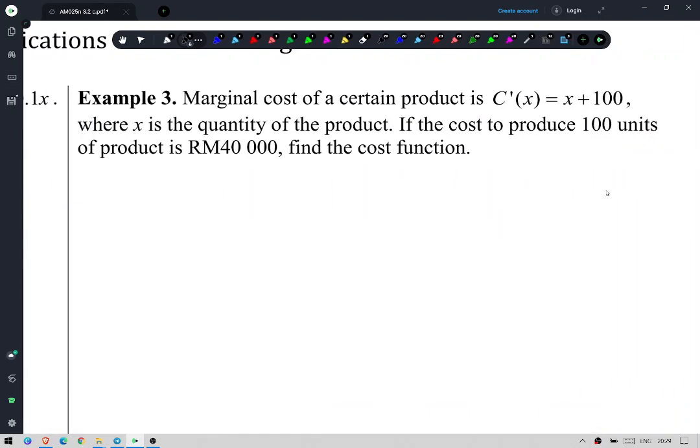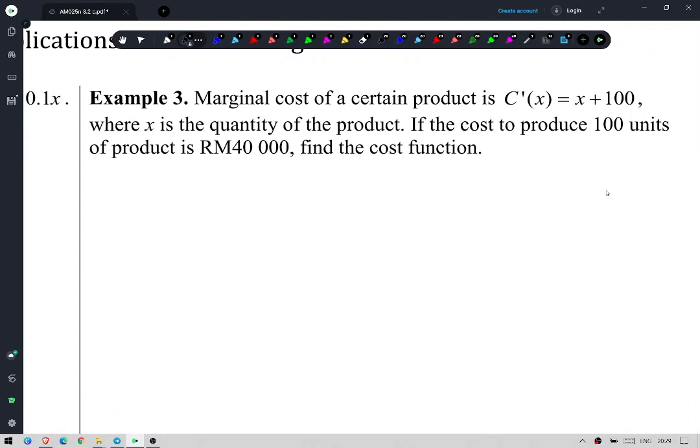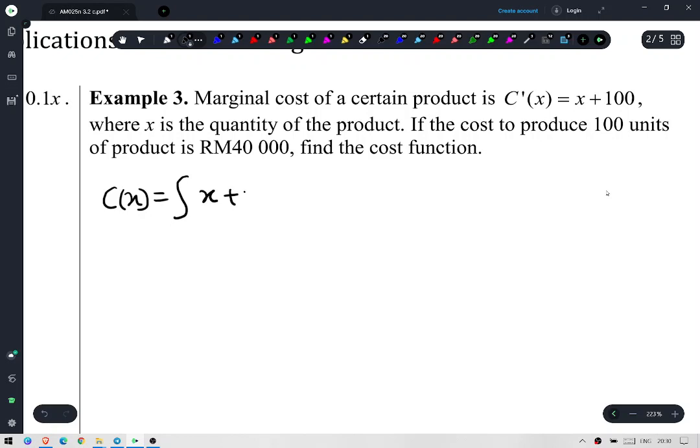Next, example 3. The marginal cost of a certain product is C prime, where X is the quantity of the product. If the cost to produce 100 units is 40,000, find the cost function. C prime is already put inside the integration, which is x plus 100 with respect to X. That is the first part.